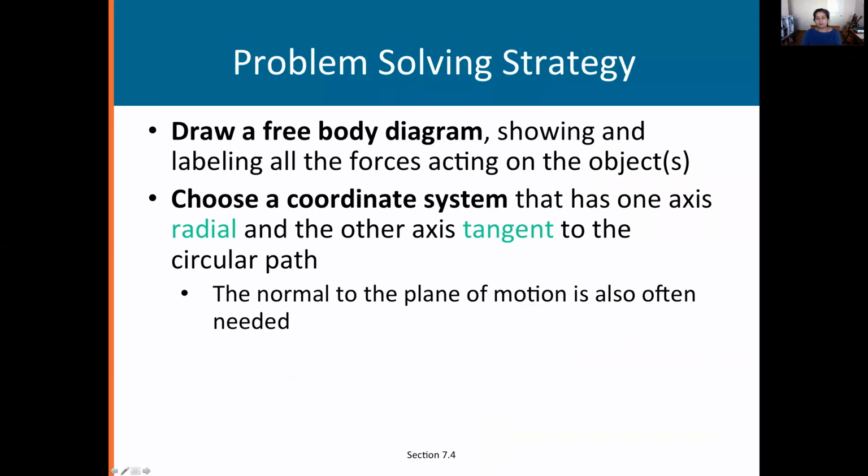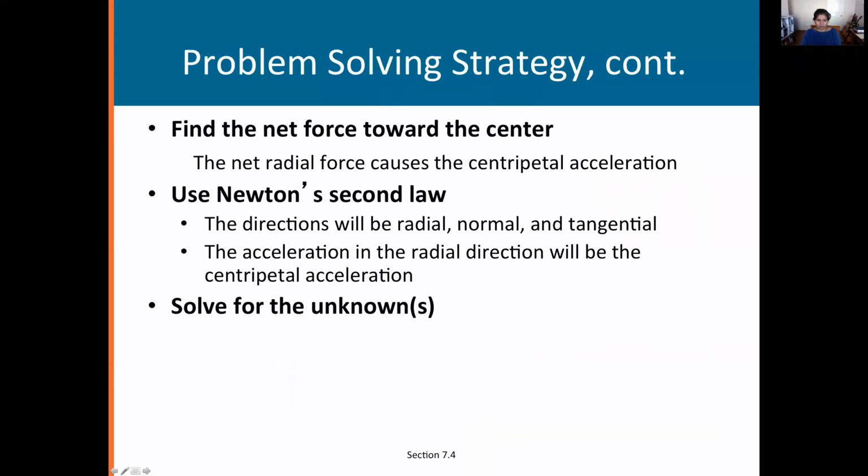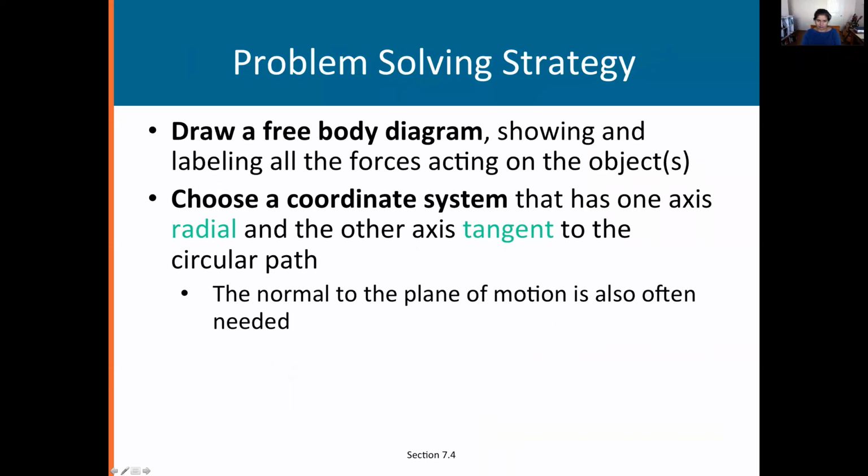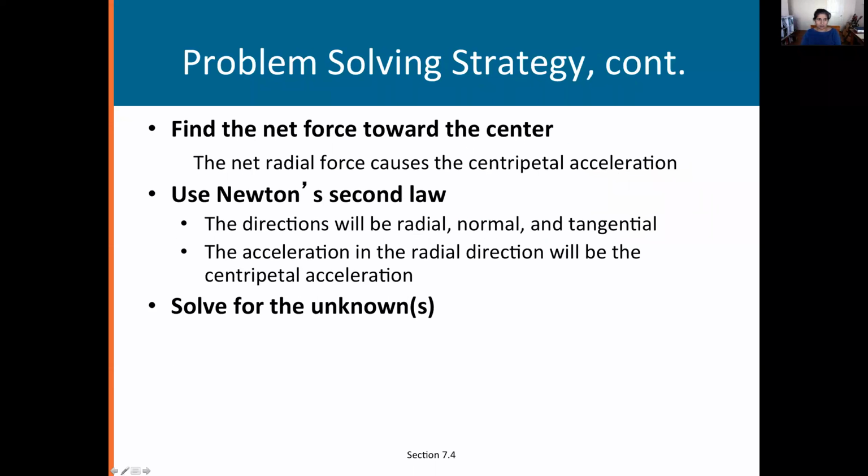In general, you have a problem-solving strategy for these kinds of problems. You're going to make or sketch a diagram after reading the problem. You're going to choose a set of coordinate axes, which in rotational motion is always along the radial and tangential directions, okay? For the third axis, it's usually normal to the plane of motion, okay?